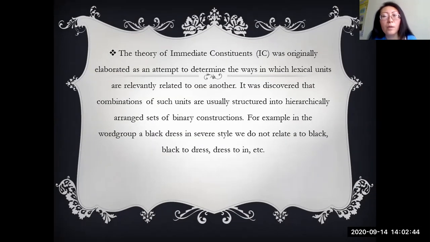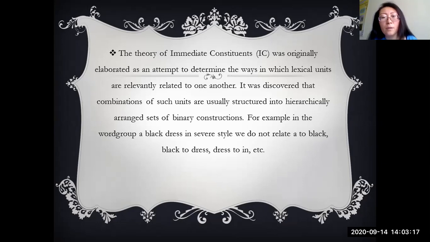The theory of immediate constituents, IC analysis, was originally elaborated as an attempt to determine the ways in which lexical units are relevantly related to one another. It was discovered that combinations of such units are usually structured into hierarchically arranged sets of binary constructions.